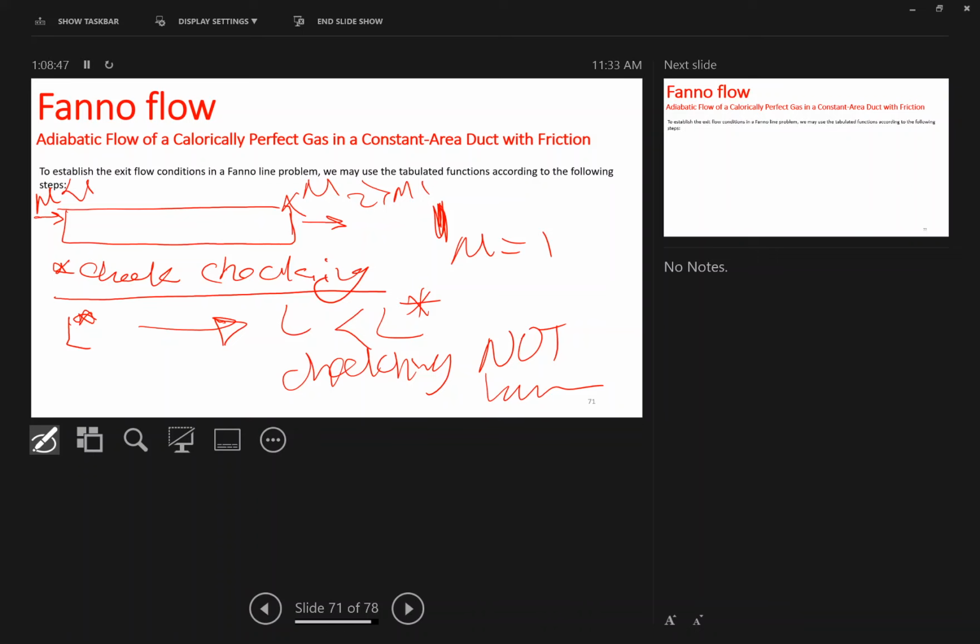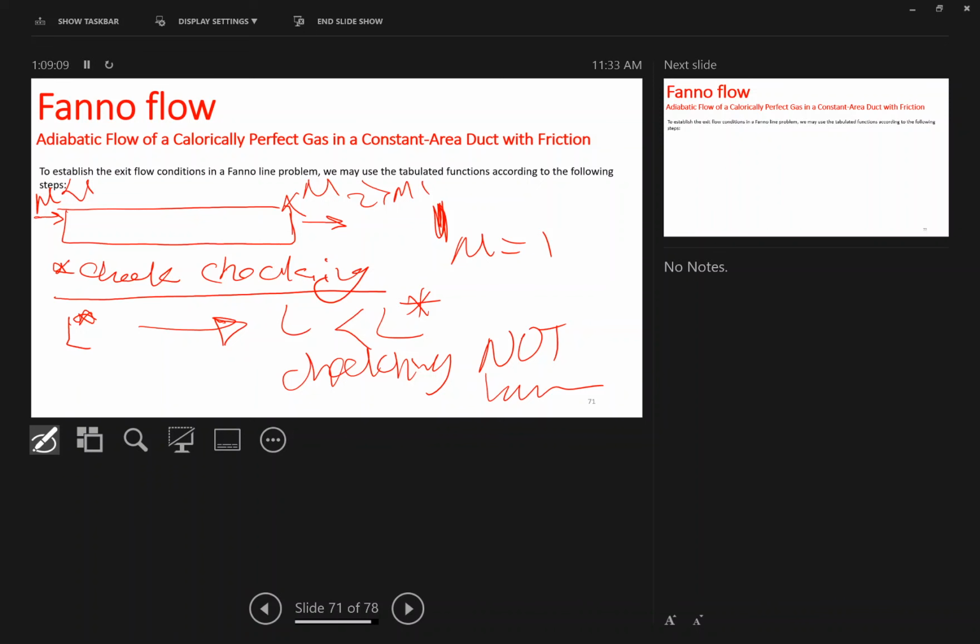And we already know how to calculate that length. We have to use the equations, but instead of finding the exit Mach number, you have to find an L, based on the relationships we already have. Is this clear?